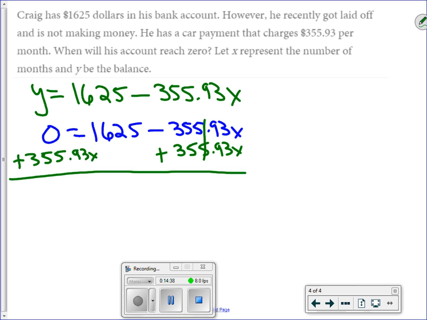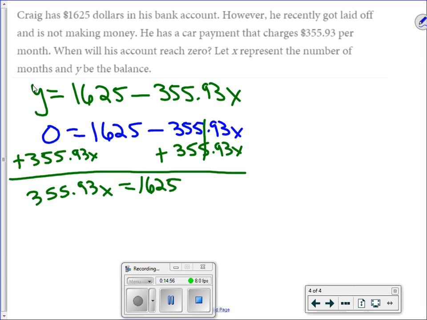So I get 355.93x is going to equal 1625. Hopefully that makes sense, because then that's going to tell me how many months, how many car payments can I make until I hit 1,625.